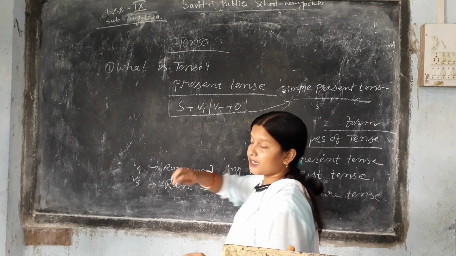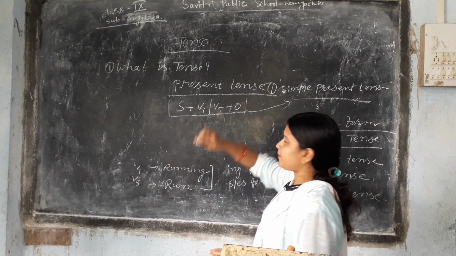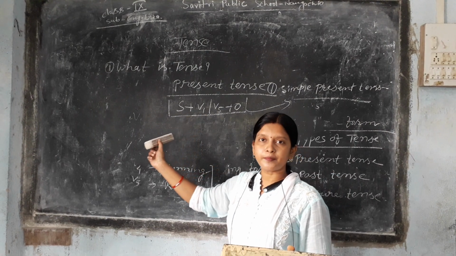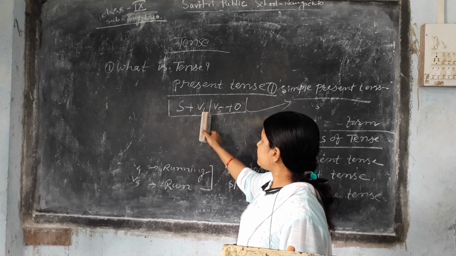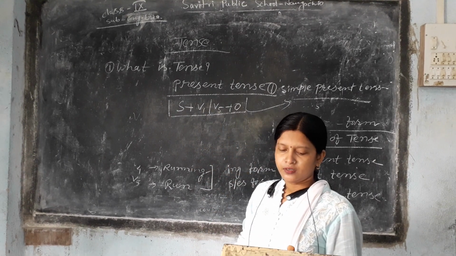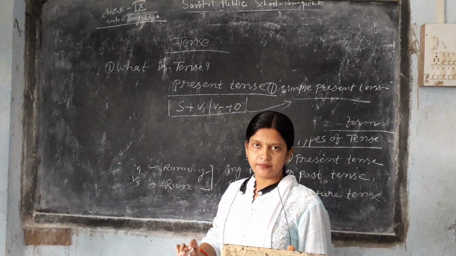There are 4 types of present tense. First one is simple present tense, and I have written here the structure of simple present tense: subject plus V1 or V5 plus object. Now, where do we use V1 and where do we use V5?